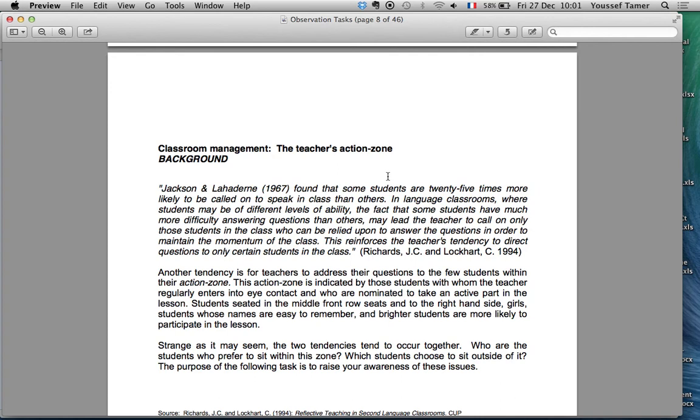Teacher's action zone. Not you. Yes, teacher's action zone. You can read, no problem. Yes, Nadia. What is the first word? The space given to the teacher. Yes.